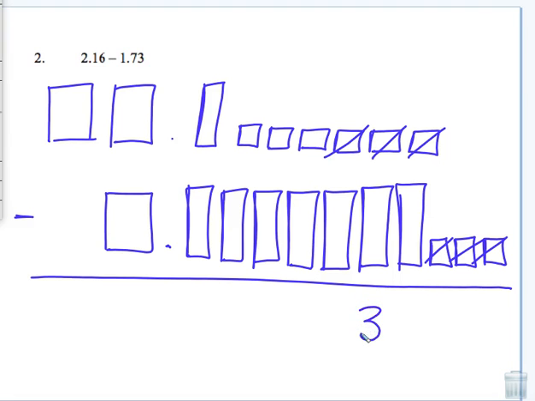On my tenths, it's impossible for me to take 7/10 from 1/10. And that's why in second grade we learned the concept of borrowing. I don't have enough to subtract 7 from it. So what I have to do is borrow a flat. And when I do that, I get 10 longs, 10/10.